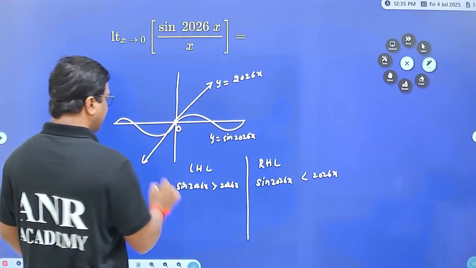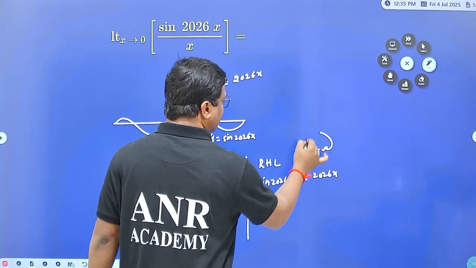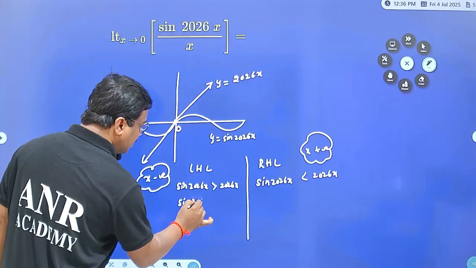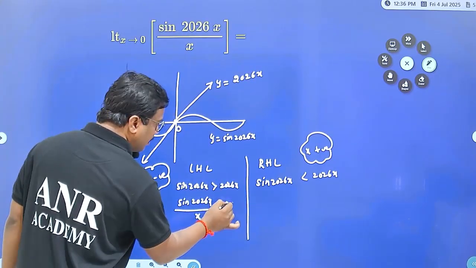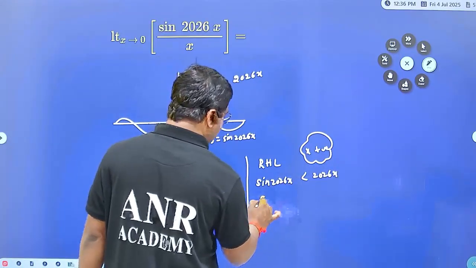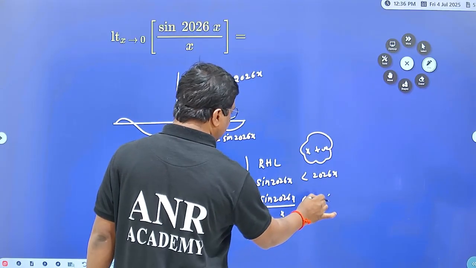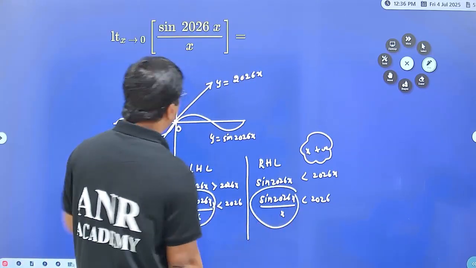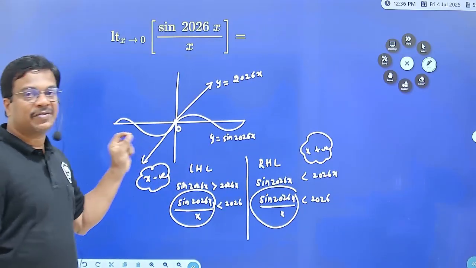If you divide by x, here x is negative and here x is positive. When you divide by a negative quantity, you know there is a change in the inequality, remember. It is less than 2026 we get. And for positive values of x, no change in the inequality. So on dividing by x, what happens? Less than 2026. In both the cases, sine of 2026x divided by x is clearly less than 2026.